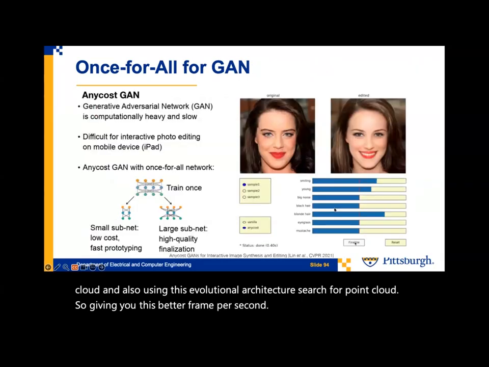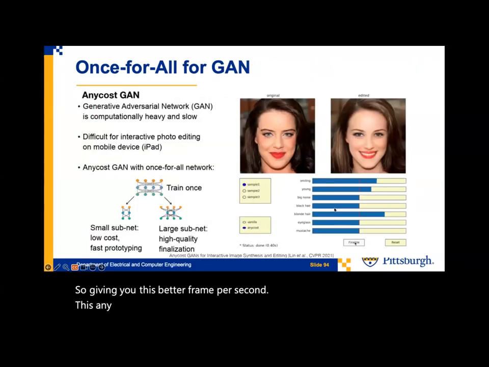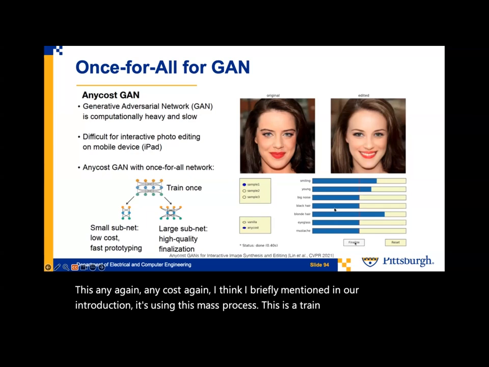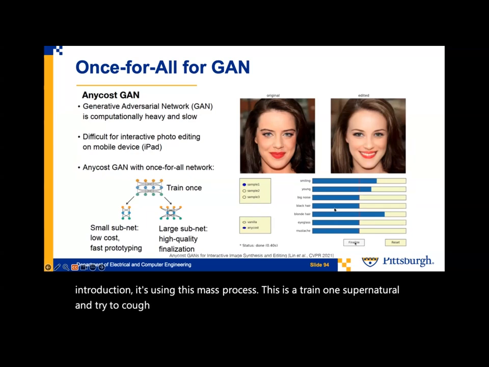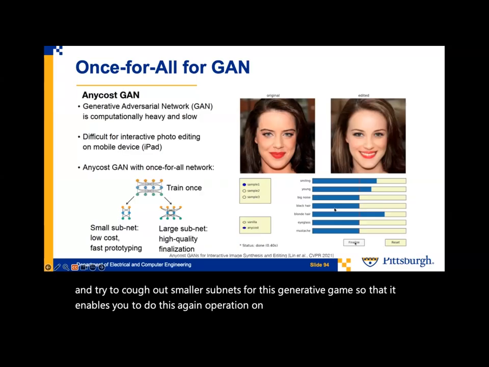Anycost GAN, I think I briefly mentioned in our introduction. It's using this NAS process, training one super network and carving out smaller subnets for this generative GAN, so that it enables you to do GAN operation even on a mobile laptop.